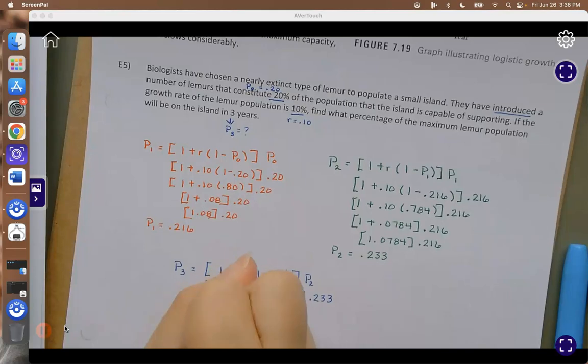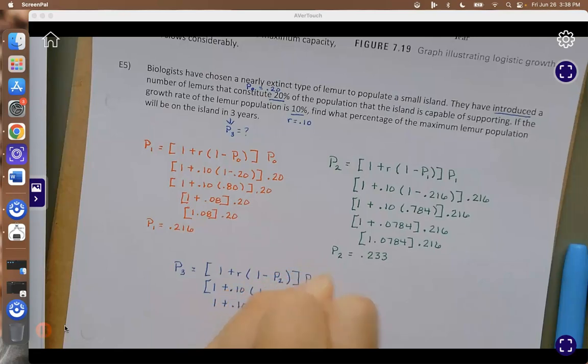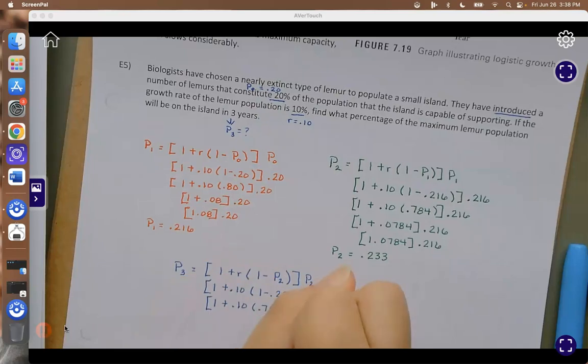So this is 1 plus 0.10 times 0.767 times 0.233.